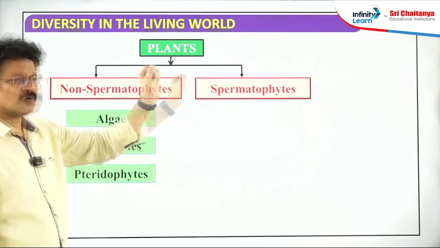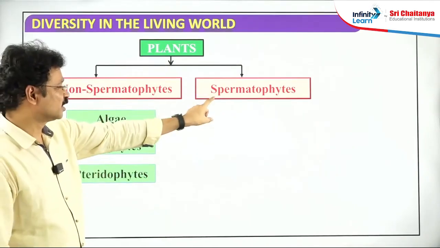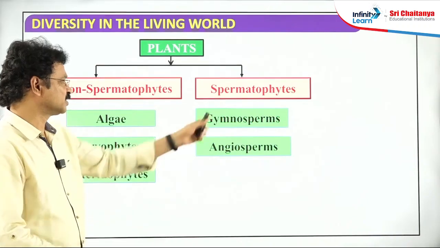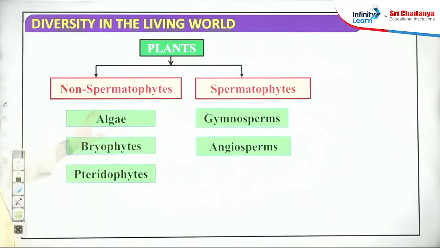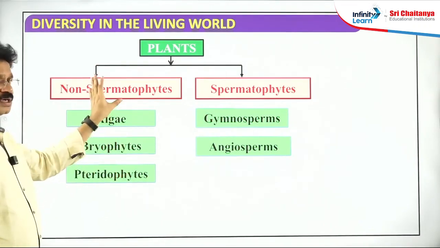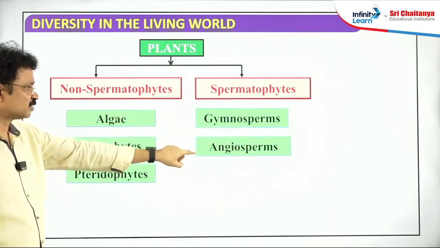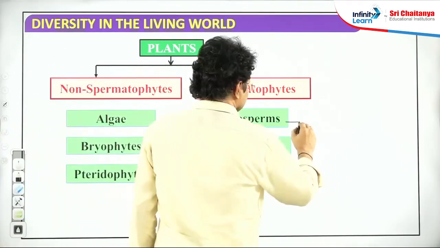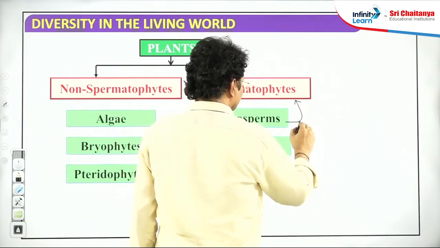What about the gymnosperms, are they also able to produce seeds? That's why both angiosperms and gymnosperms are placed under spermatophytes. Try to remember it. Algae, Bryophyta, Pteridophyta are examples for non-spermatophytes. Gymnosperms and angiosperms are examples for spermatophytes. One specialty of the gymnosperm is that seed production ability is there without flowers.